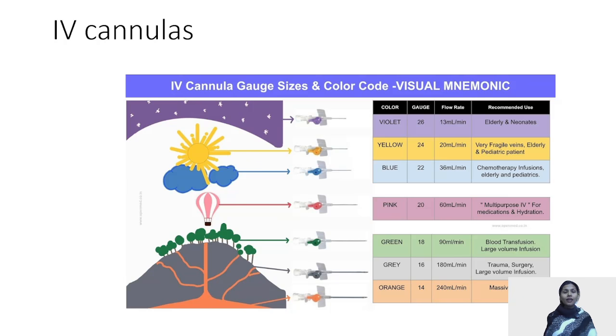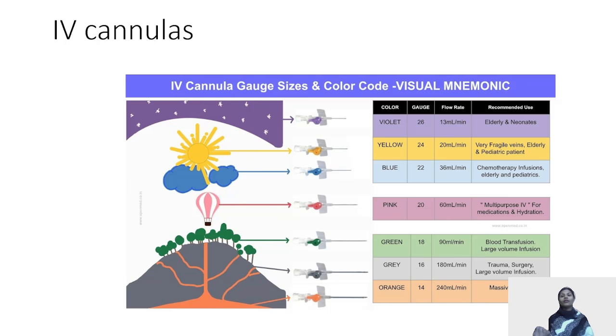So let's see, and just hope this diagrammatical representation will make you remember the type of cannulas we have. The smallest of all is purple in color and it is 26 gauge. The flow rate is only 13 ml per minute, and generally it is inserted in pediatric cases that are neonates. You have yellow 24 gauge.